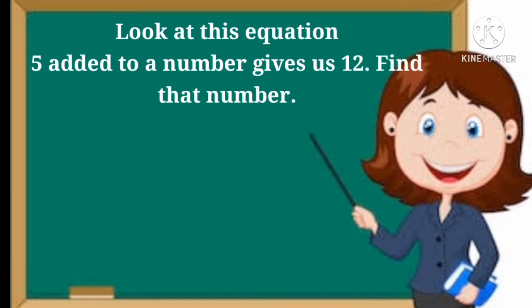Look at this equation. 5 added to a number gives us 12. Find that number. We know the answer is 7. But let us know how to solve this problem in a simpler way. We can write it as x plus 5 is equal to 12. This is an equation.